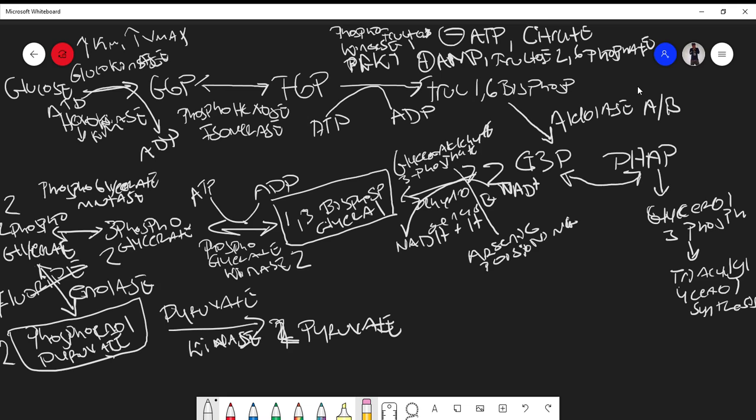There are 2 substrate level phosphorylation steps in the glycolytic pathway, and I've circled the high energy compounds, so let's put a star there: 1,3-bisphosphoglycerate and phosphoenol pyruvate.